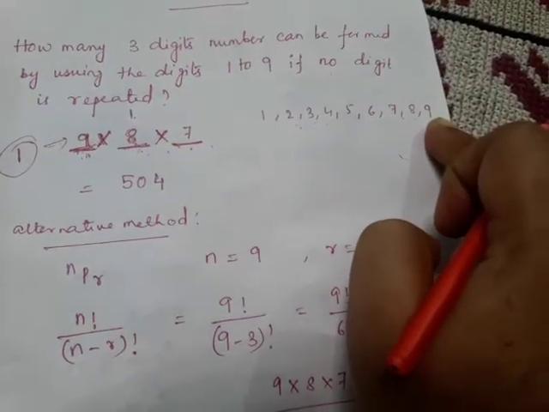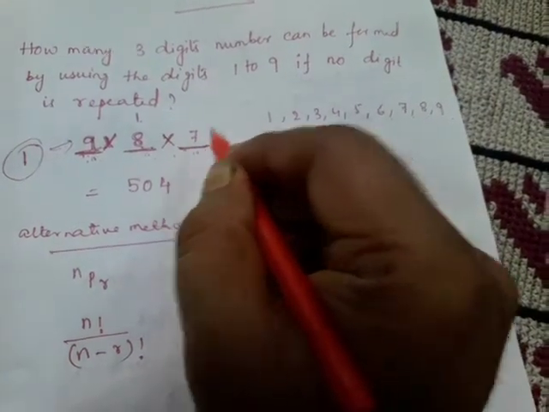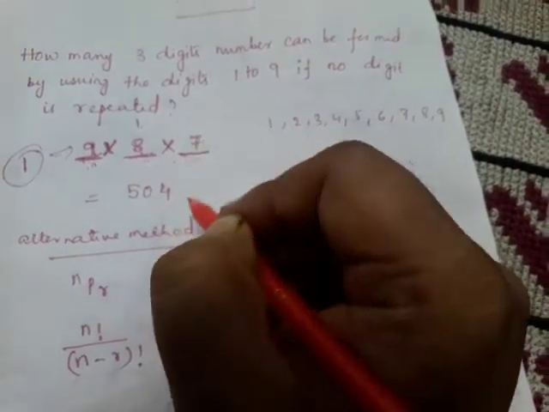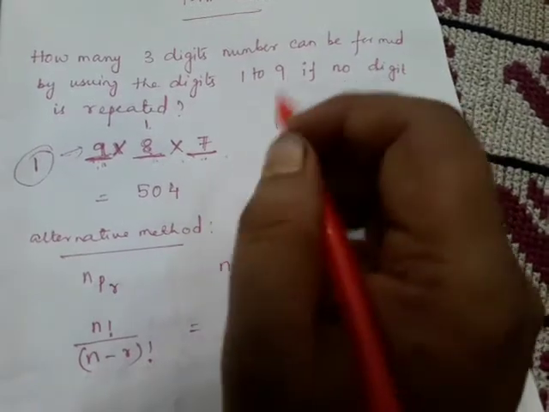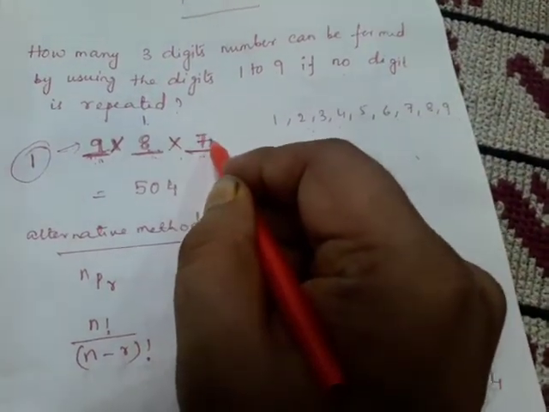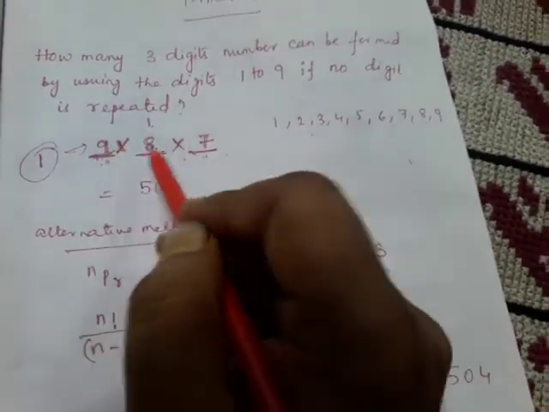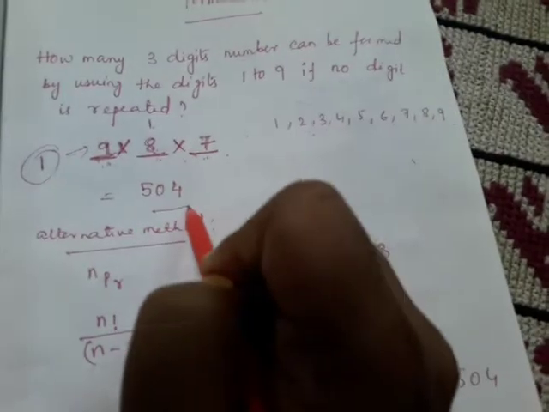So 7 digits are left. So this dash can be filled by any of the 7 digits. So you have 7 options. So you multiply 9 into 8 into 7, which will give you 504.